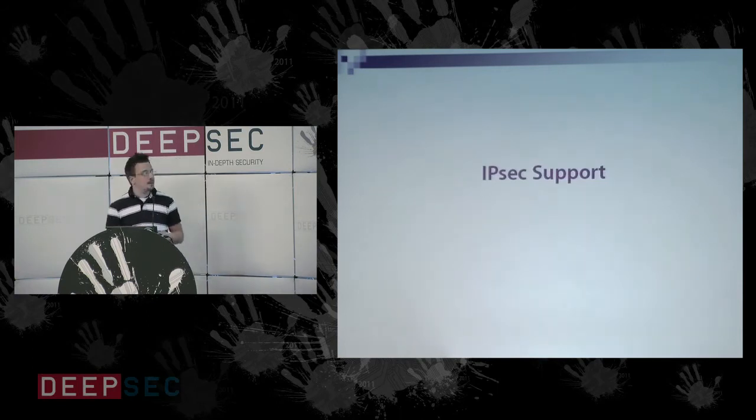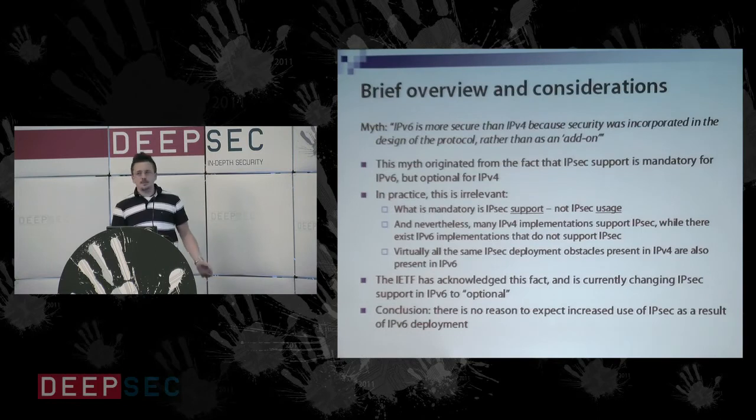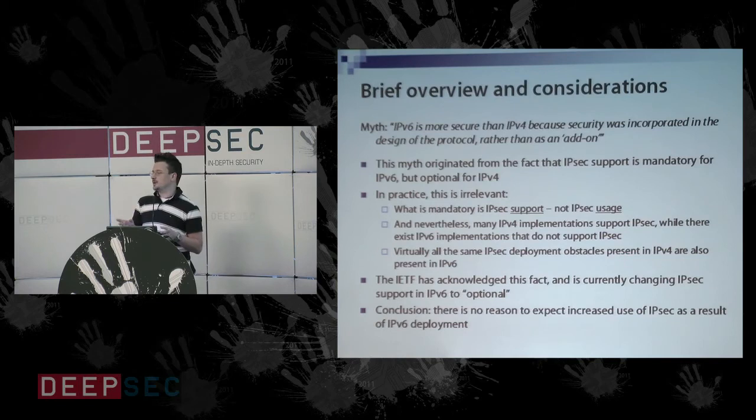A couple of comments about IPsec support. Many people argue that IPv6 is more secure than before because supposedly it has support for IPsec. If you look at the specifications, they say that in the case of V4, IPsec support is optional, but in V6 it's supposed to be mandatory. However, this is mostly words on paper, in the sense that lots of V4 implementations do contain an IPsec implementation, and regardless of what the specifications say, we have V6 implementations that don't really support IPsec.